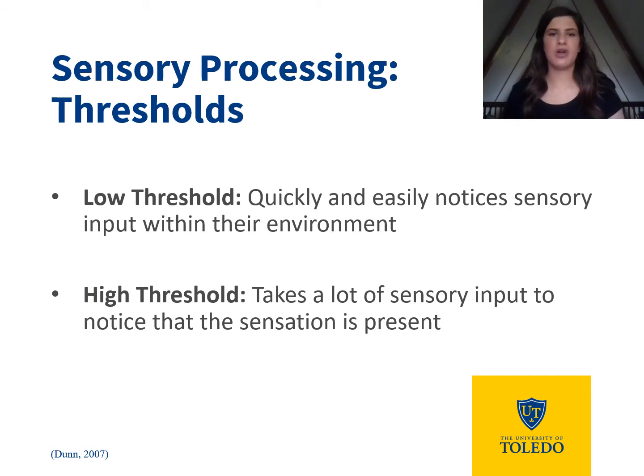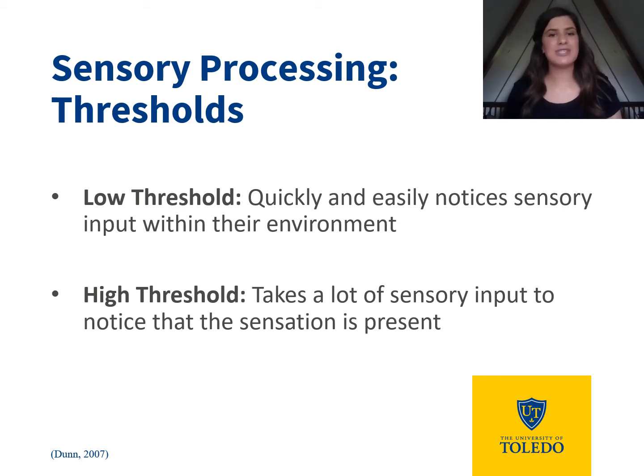So a person with a low threshold will notice a sensation very quickly and very easily. For example, they will notice a tag on their shirt, just that little bit of input, and they are aware of it because it fills up their bucket. Or they're aware of a sock being slightly out of place because it fills up their bucket very, very quickly. Whereas individuals with a high threshold are opposite.